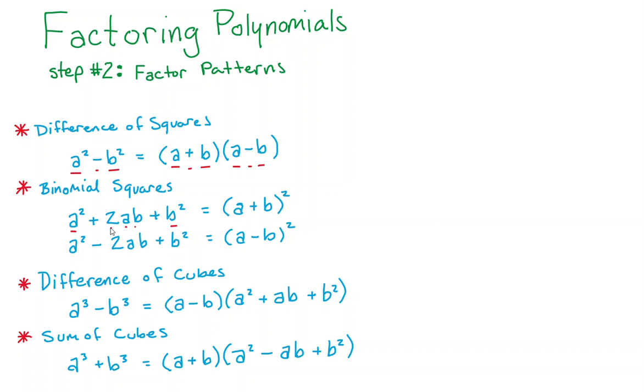We'll look at that. But what's interesting about this is that if you factor this, you get just the square root of the first term plus the square root of the last term, and then squared. And remember, that means (a plus b) times (a plus b).